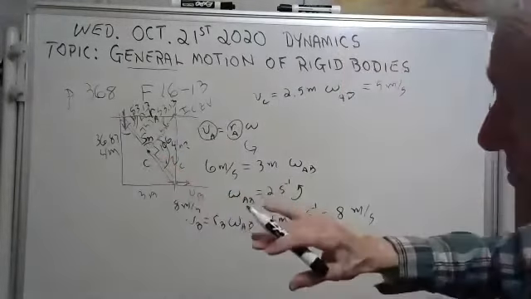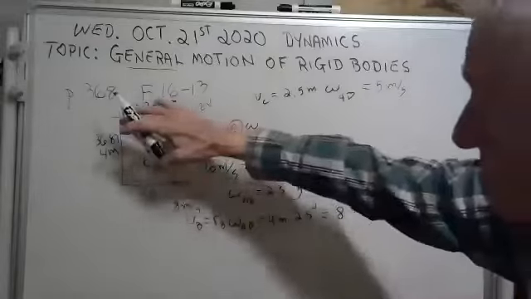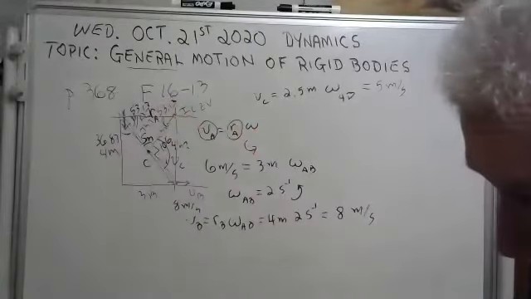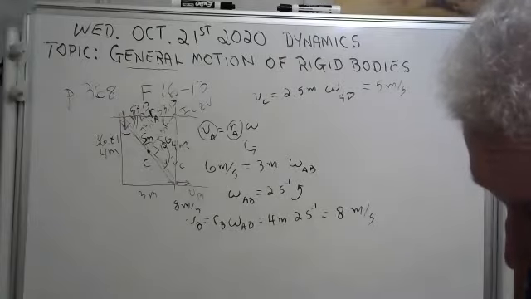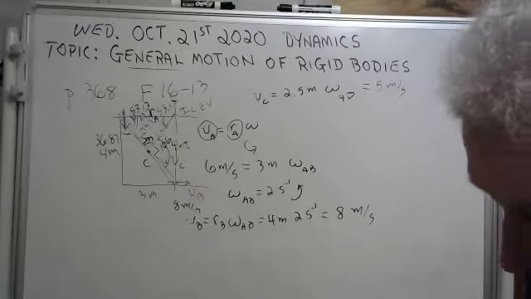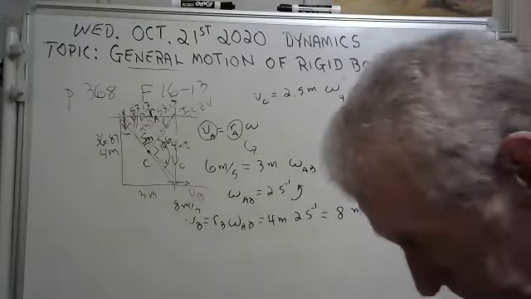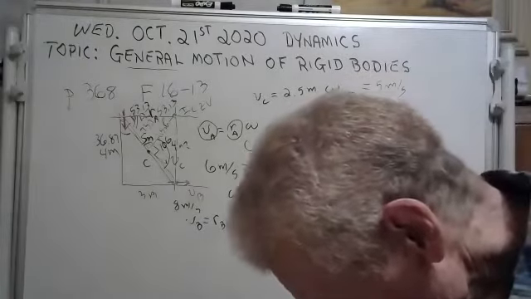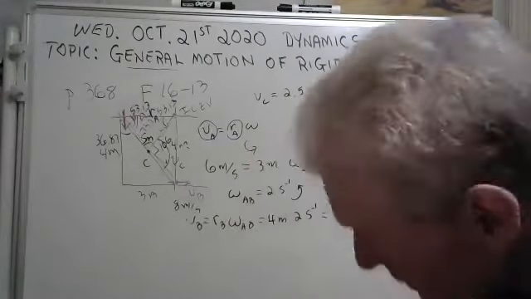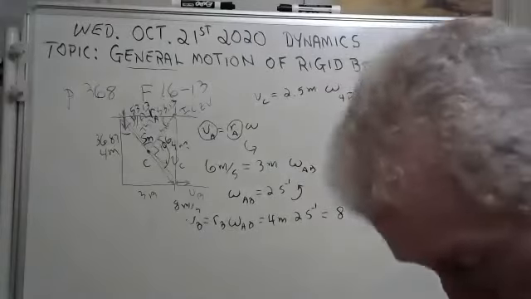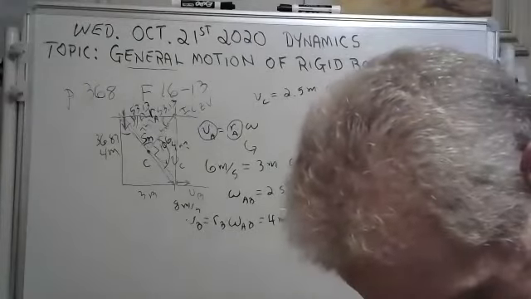Now let's look in the answer book and see how we did. This was F16.3. Go to the back. Am I getting mixed up here? What do they want us to find?